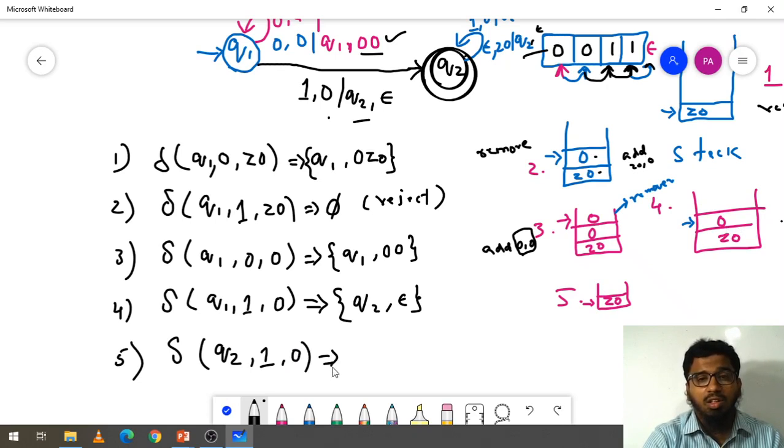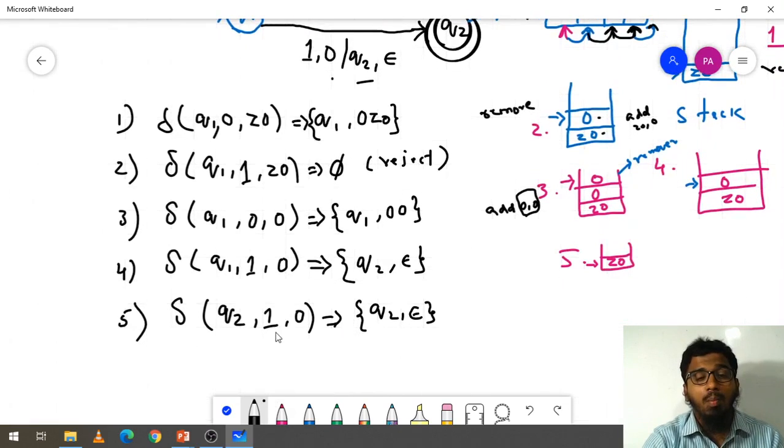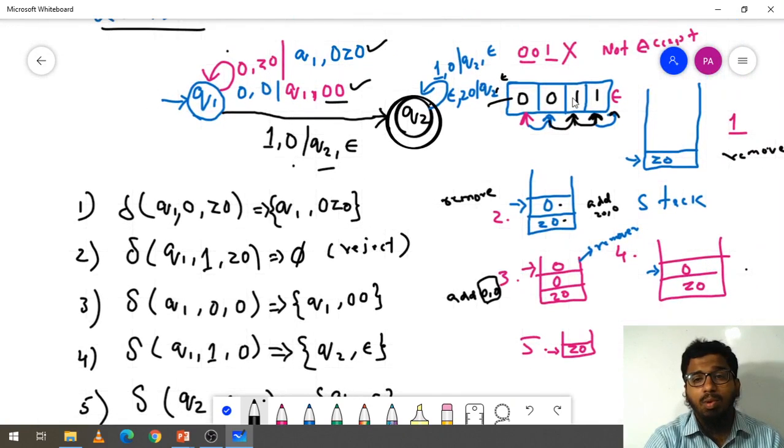Then we will get the answer: whenever we have 1 and 0, q2 epsilon only, because here also we are popping the data from the stack. Next, delta: is there any string available here? 0 0 1 1, we finished it.